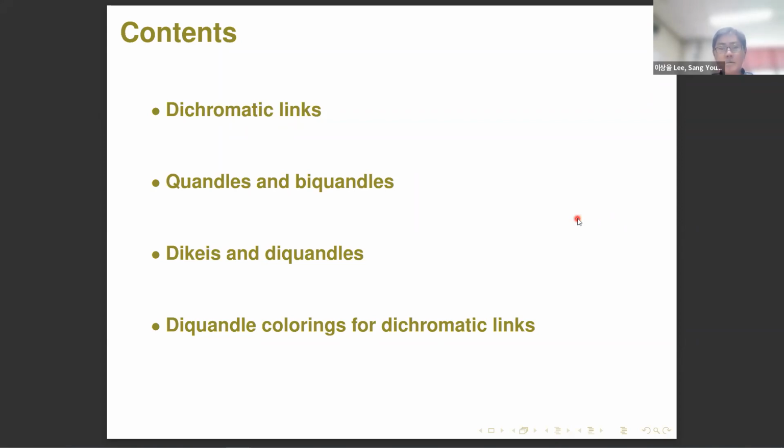Actually, the diquandle is the main subject of today's talk. And finally, I introduce diquandle colorings for dichromatic links. Actually, the number of diquandle colorings gives a numerical invariant for dichromatic links.